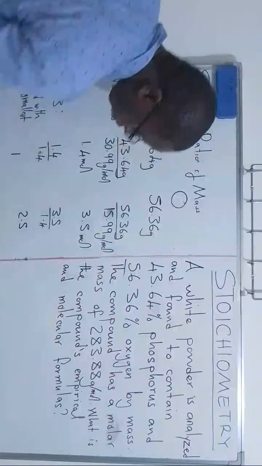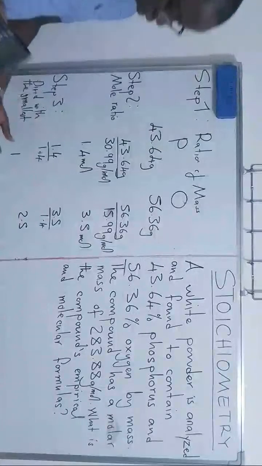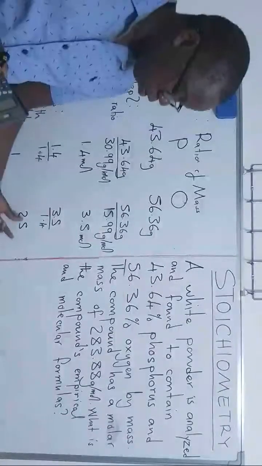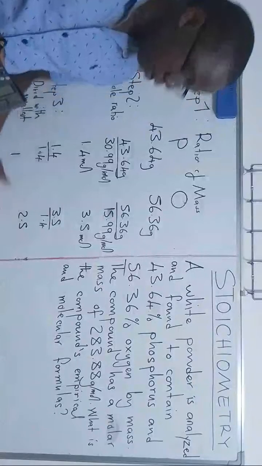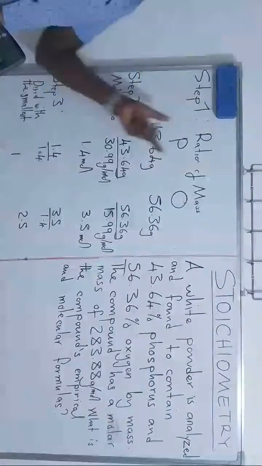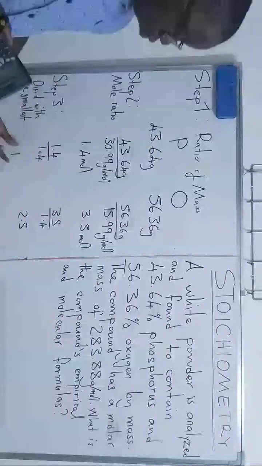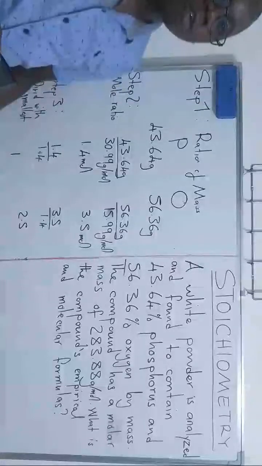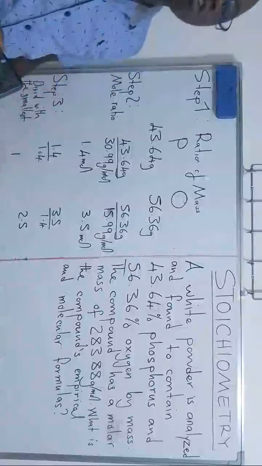Now, when you have this answer of 2.5, so we are saying 1 to 2.5. This is the mole ratio between sulfur and oxygen. So 1 atom of sulfur is using 2.5 atoms of oxygen.